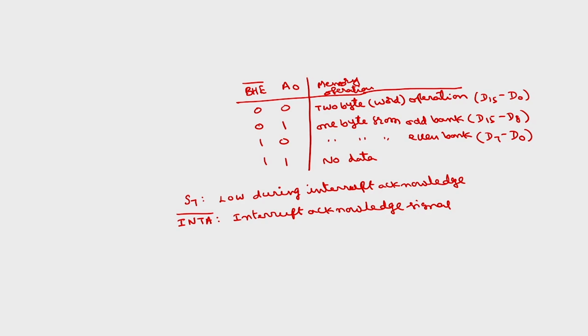Okay. So during this interrupt acknowledge cycle, this S7 will be kept low, otherwise it can be tri-stated, so that it will not draw any current, it will not overload the device which is connected to the S7 pin. So these are the different pins.